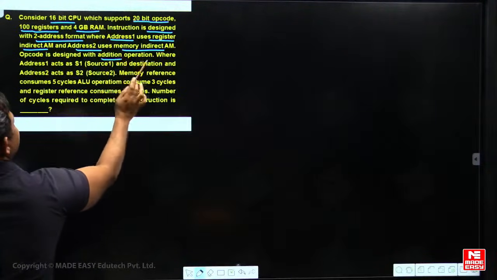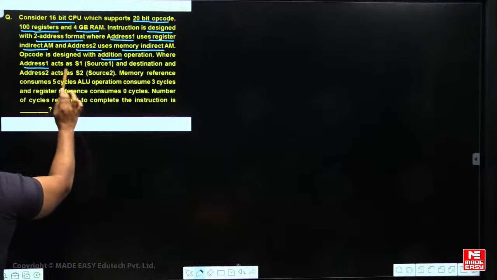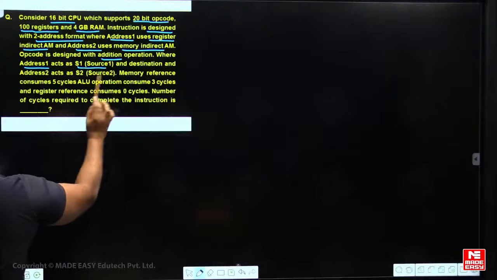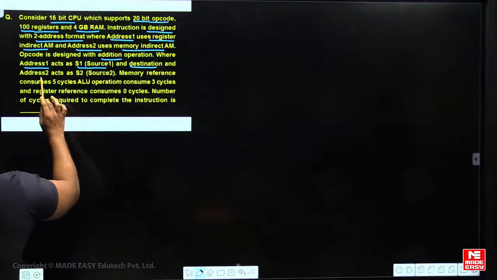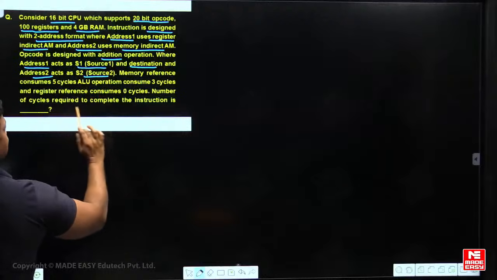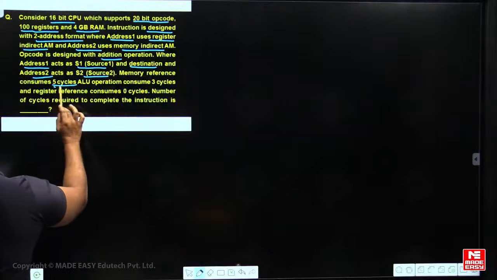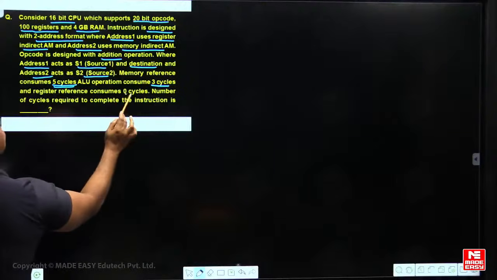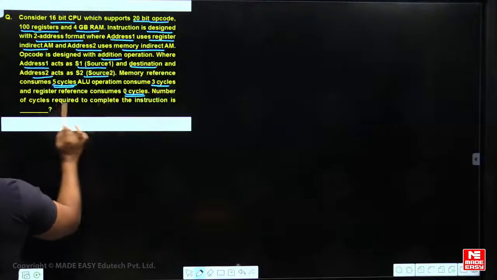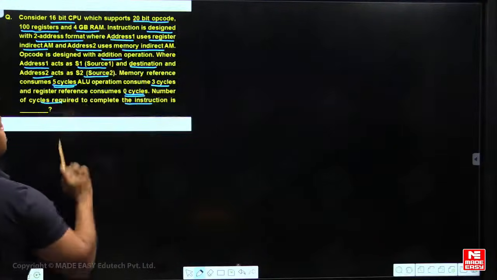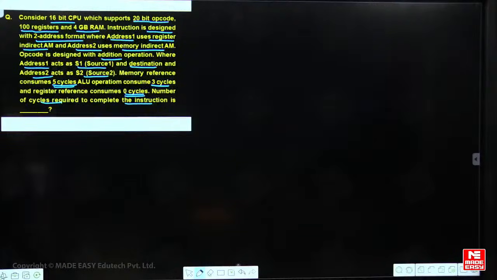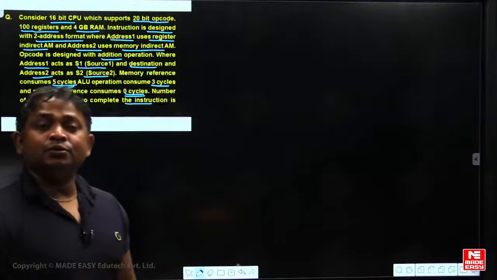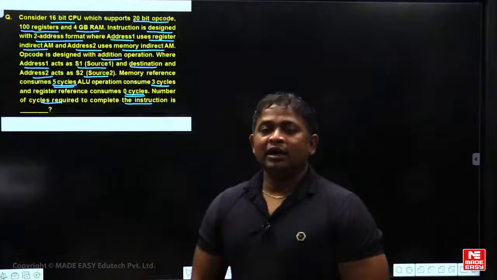Opcode designed for addition, where address 1 acts as a source and also destination. Address 2 acts as memory reference by user. ALU consumes 0 for register reference. So the number of cycles required to be related in mode along with format.